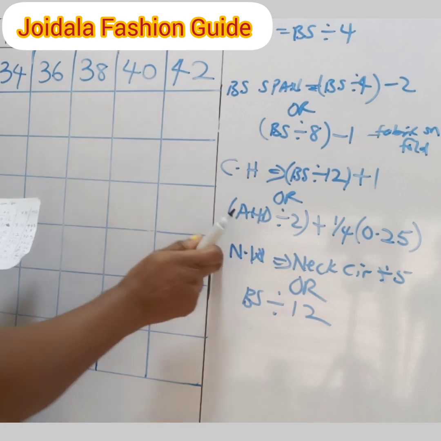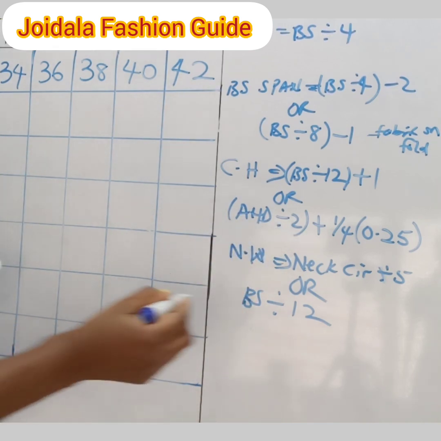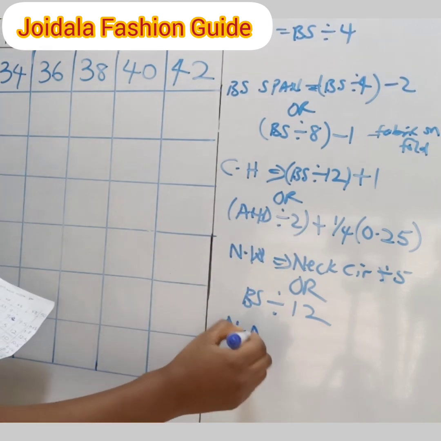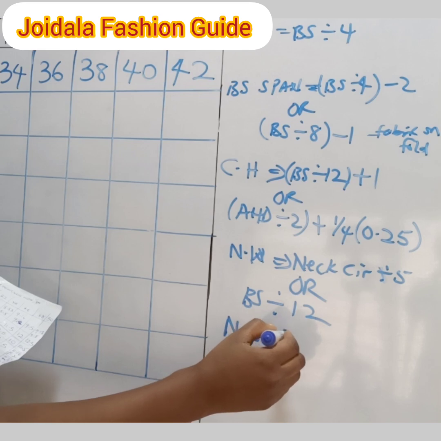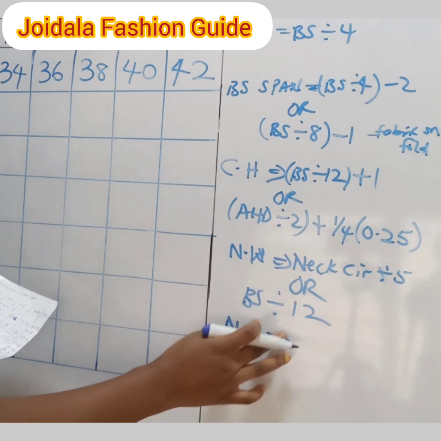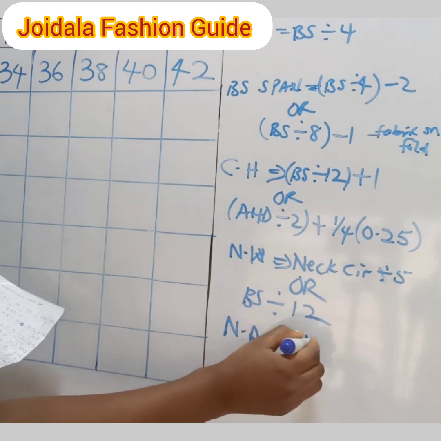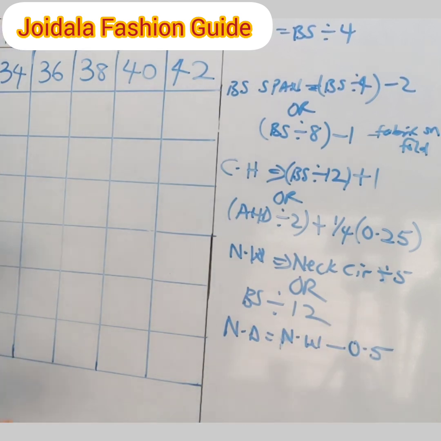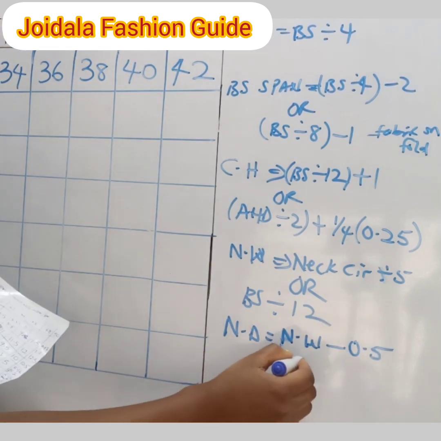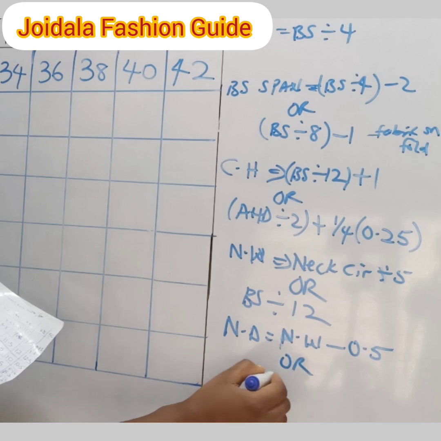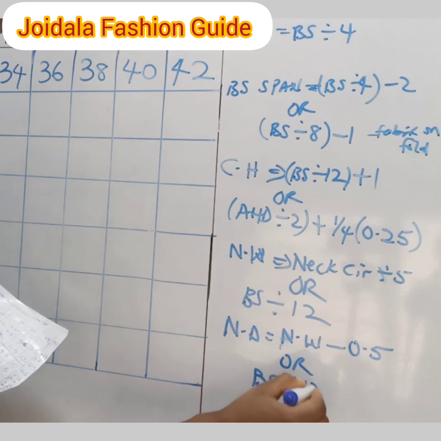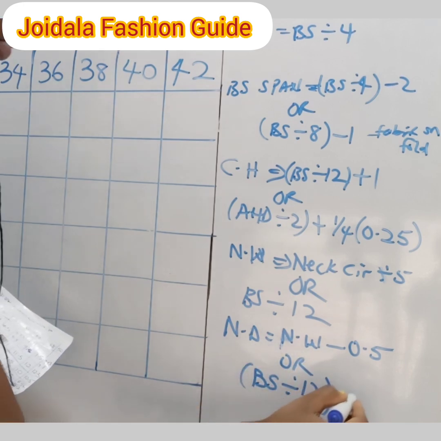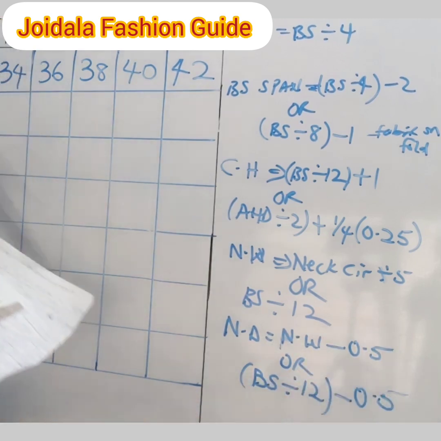That will give you the neck width. And then for the neck depth, the neck depth is simply neck width minus 0.5, which is bust circumference divided by 12 minus 0.5.